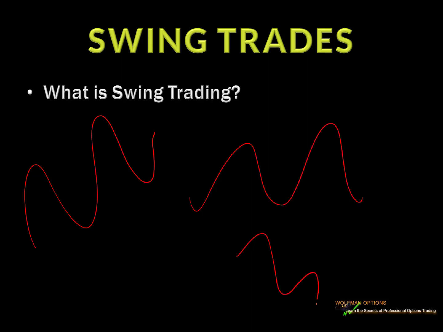And they can do all kinds of different patterns, right? And or trends. But what we are looking for in a swing trade is we look for a trend, right? And then we find where the resistance and the support levels are, okay?